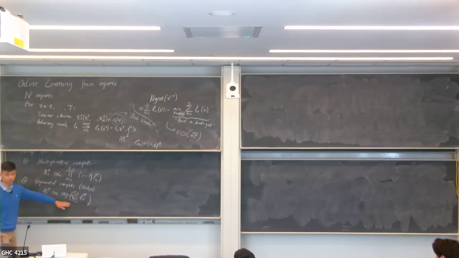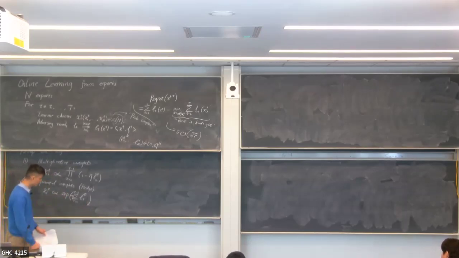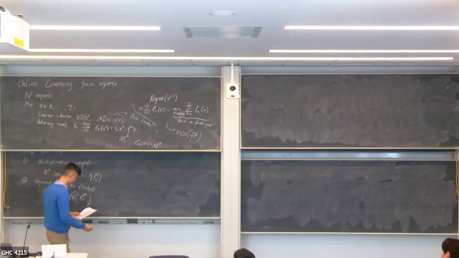And this is obviously a product as well. It's an exponential of a bunch of things, which is a product of a bunch of exponentials. If you know a little bit about the exponential function, this should not be a surprising update rule.